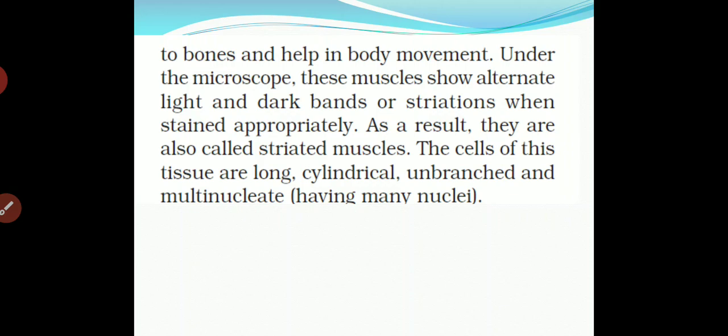Whenever we are observing it under a microscope, at that time we will see alternate light and dark bands in the tissue. In this muscle you can see alternate dark bands and light bands. As a result, they are also called striated muscles, due to the presence of light and dark striations in the muscle.